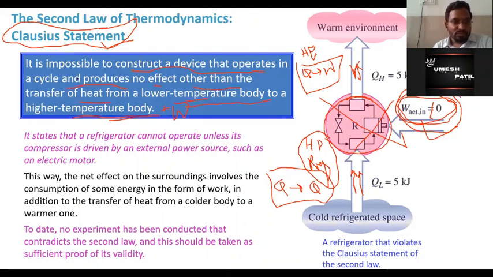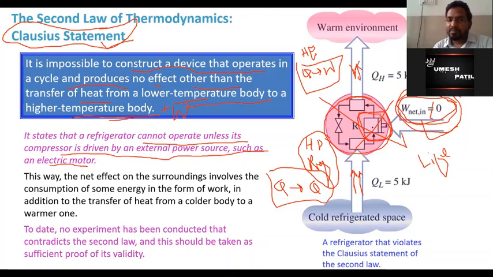So to simplify that statement further, the Clausius statement states that a refrigerator cannot operate unless a compressor is driven by an external power source such as an electric motor. So if the compressor is not there, the refrigerator will not work. Even if you have a refrigerator in your house, the life of that refrigerator will be decided by this compressor.